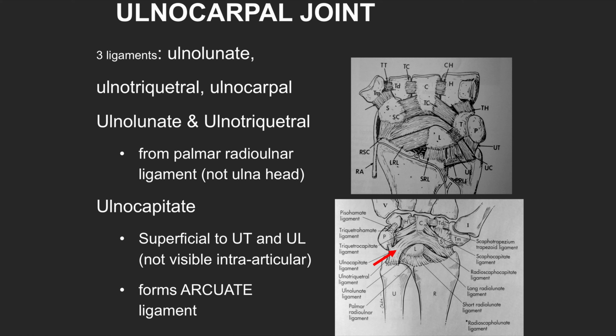And the ulnocapitate ligament is superficial to the ulnotriquetral and ulnolunate, and it's not visible as an intra-articular structure. But it does add to the arcuate ligament from the ulnar side.